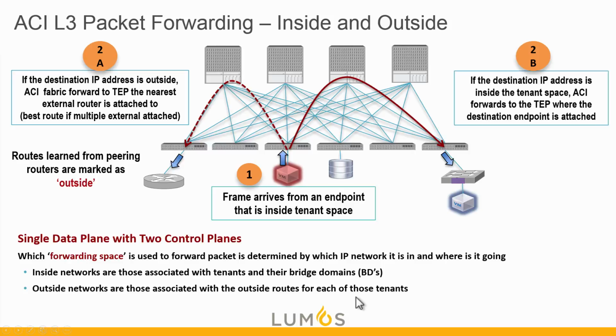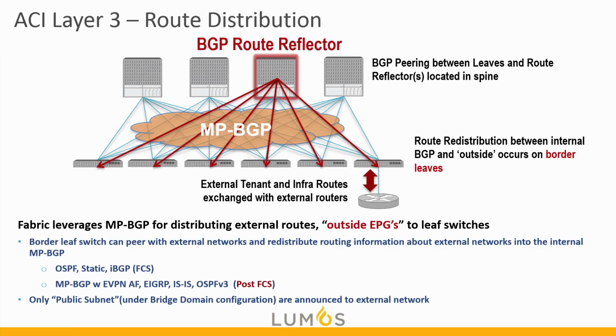Now, in order to get traffic into one leaf, keep in mind we are not running OSPF or EIGRP or IBGP, well, actually we are, eBGP or anything like that inside the ACI fabric.